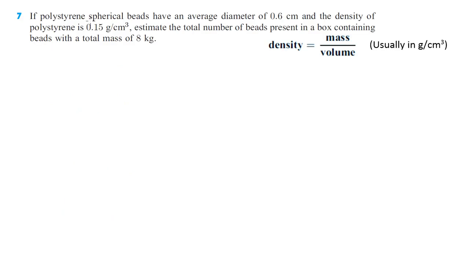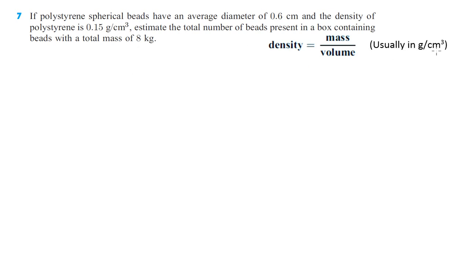If polystyrene spherical beads have an average diameter of 0.6 centimeters and the density of polystyrene is 0.15 grams per centimeters cubed, estimate the total number of beads present in a box containing beads with a total mass of 8 kilograms. Okay, so look, we've got centimeters, grams, and then kilograms here.